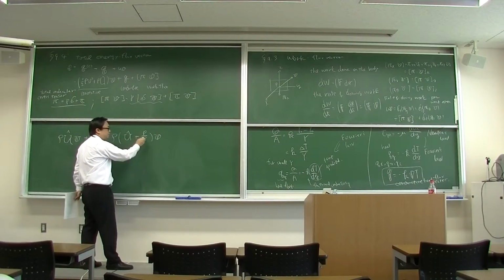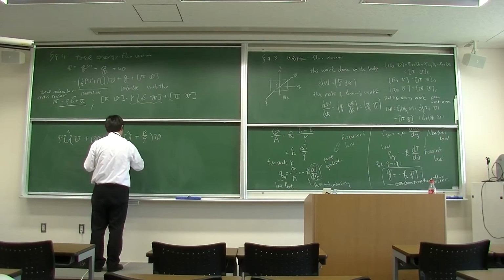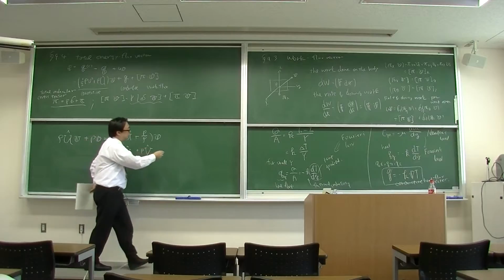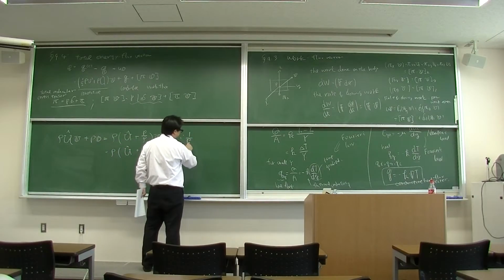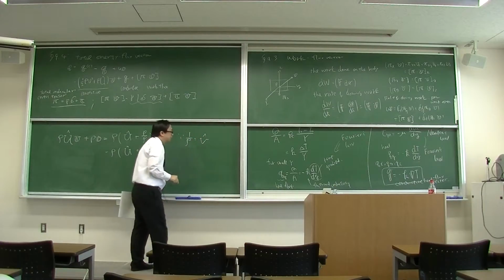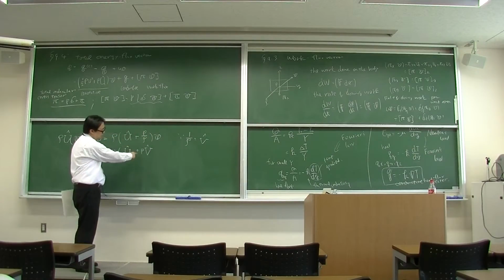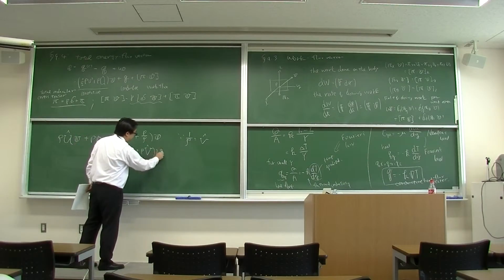So this term P divided by rho means the reciprocal of density, which is equal to the volume per unit mass. So this simple relation could be easily understood.